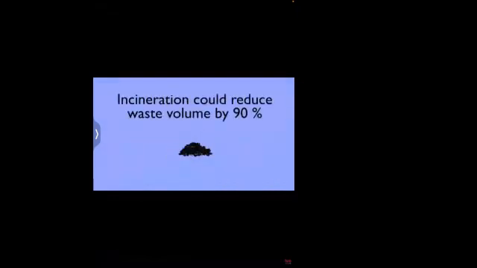If the waste is not burned, then it is likely to end up in a landfill site, which is considered to be the least environmentally friendly option. Incineration could result in a reduction in waste volume of around 90%, and this could be particularly important for small cities where space is scarce and landfill is not an option.